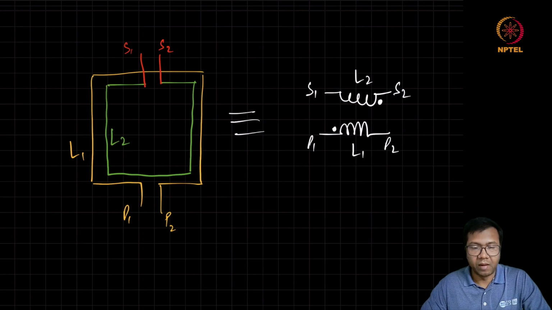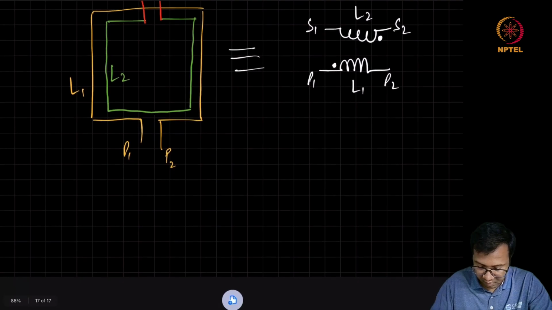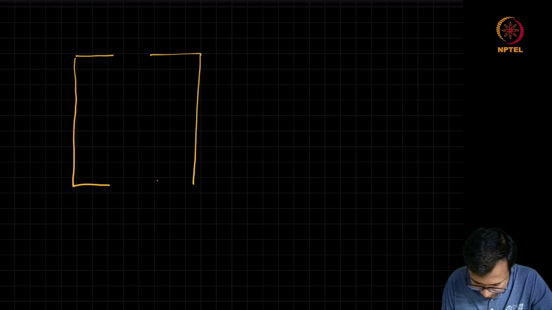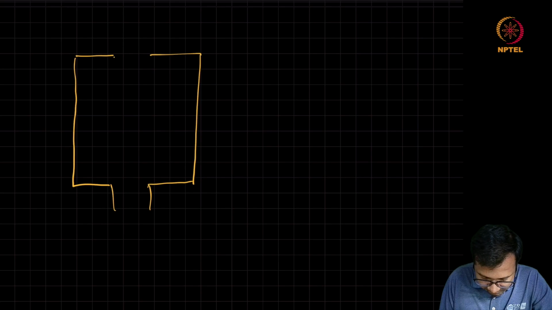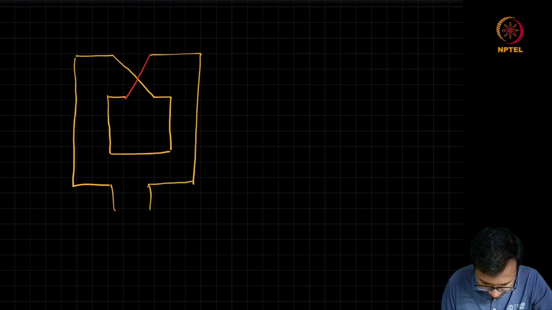And this idea can be extended to multi-turn coupled inductors. For example, we can have L1 and L2.